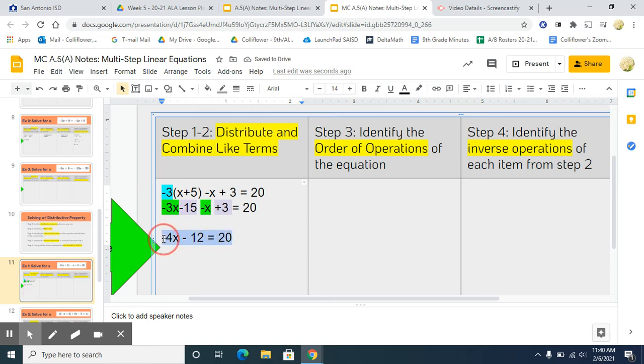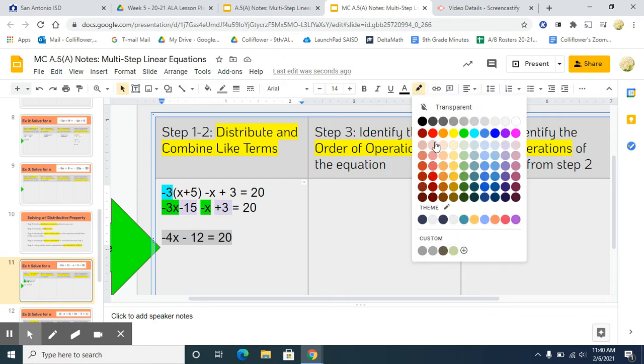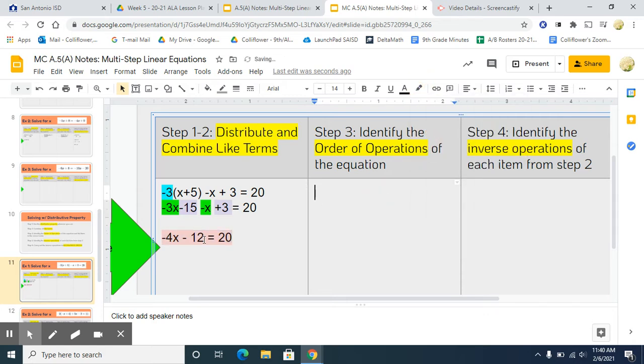Now I'm looking at this equation highlighted in red, and I'm asking myself what operations happened and what's their order. So the first operation would be multiply by -4, because we see that x has a coefficient of -4.